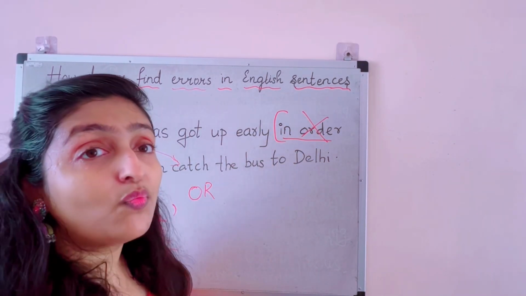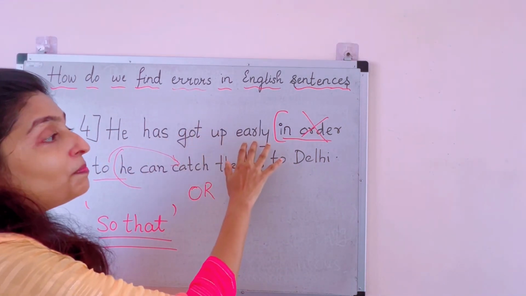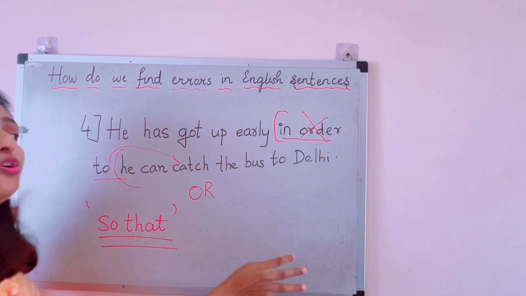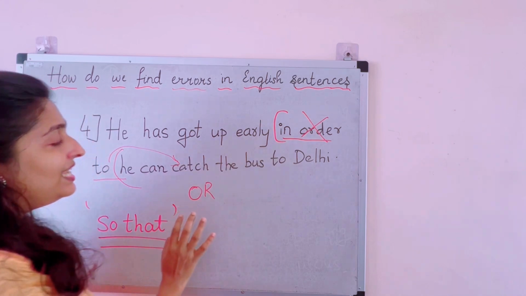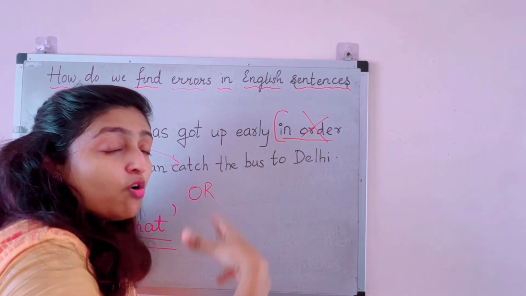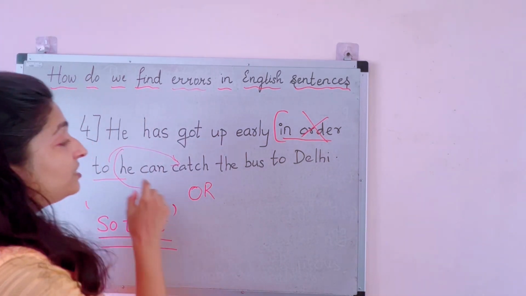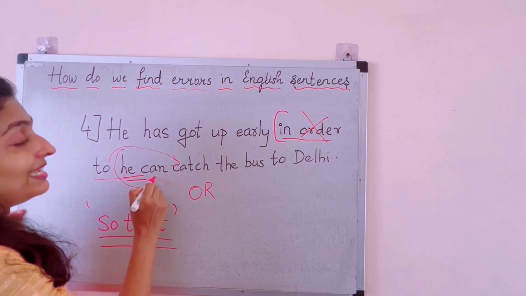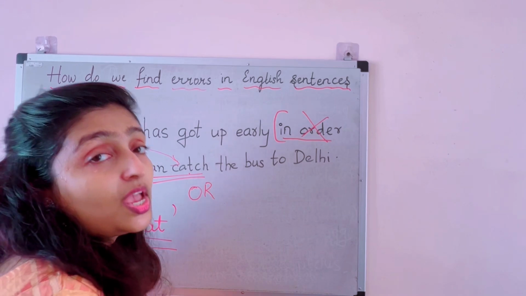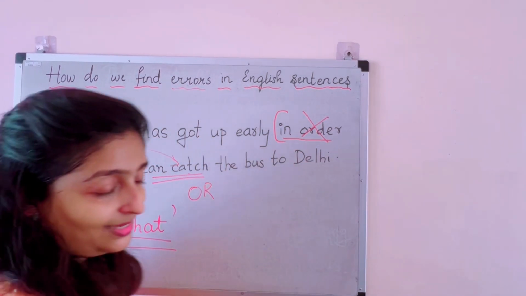It comes along with an infinitive verb with a purpose. He has got up early in order to catch the bus to Delhi. Or you can say he has got up early so that he can catch the bus to Delhi. So along with so that comes the clause. What is a clause? A subject and a predicate. A subject and a verb is always followed with so that. This is a subject and this is a verb or predicate.